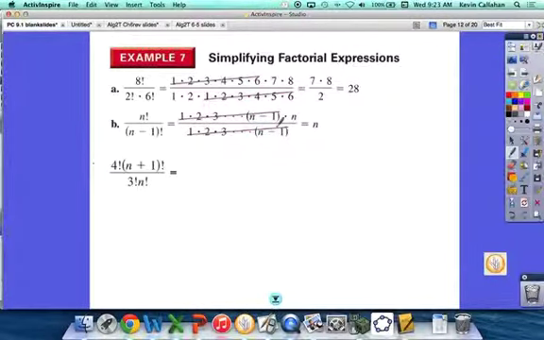Look at the next one. Now they're not using I, they're using K. It doesn't matter, it could be anything. But K starts at 3 and it goes to 6. How many terms is that? No, it doesn't start at 1, it starts at 3. So it's not going to be 6 terms. It's 4 terms. It's not even 6 minus 3. Just like this one is not 5 minus 1, 4 terms.